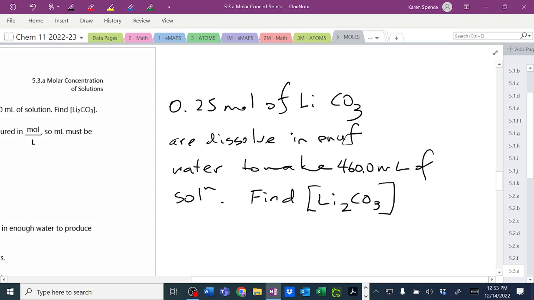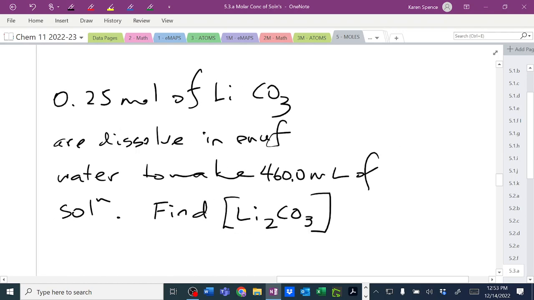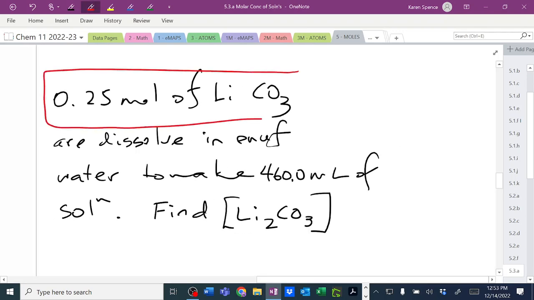Okay, now hopefully you can kind of read my writing there. If not, the question is on your paper, yes? So if we have 0.25 moles of that, which should say Li2CO3, I have dissolved it in enough water, because remember we have to add the water to up to a particular volume, to make 460 milliliters of solution.